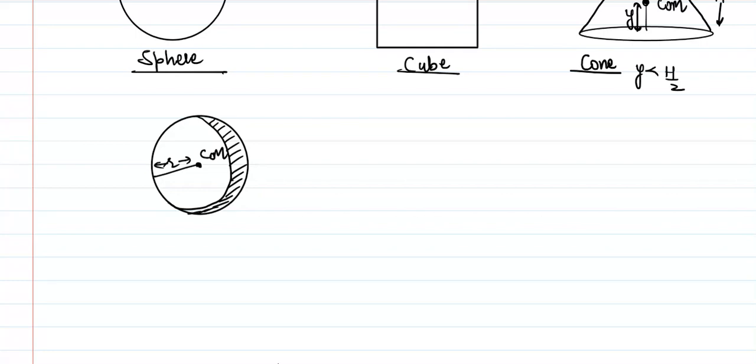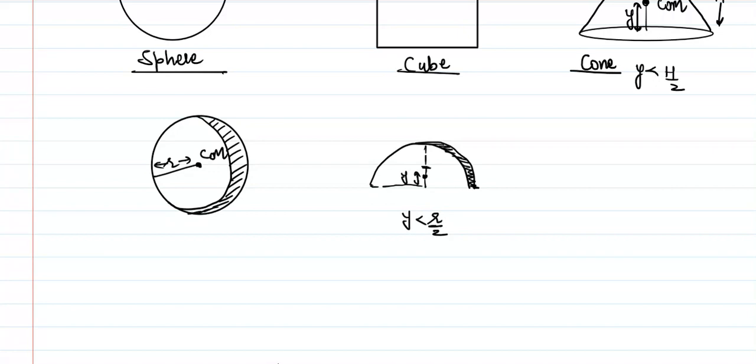Now if I cut this disk in two parts, and ask you the center of mass of the half disk, its center of mass will be somewhere near, suppose at a distance y from the base, that means y is going to be less than radius divided by 2. Why is it so?